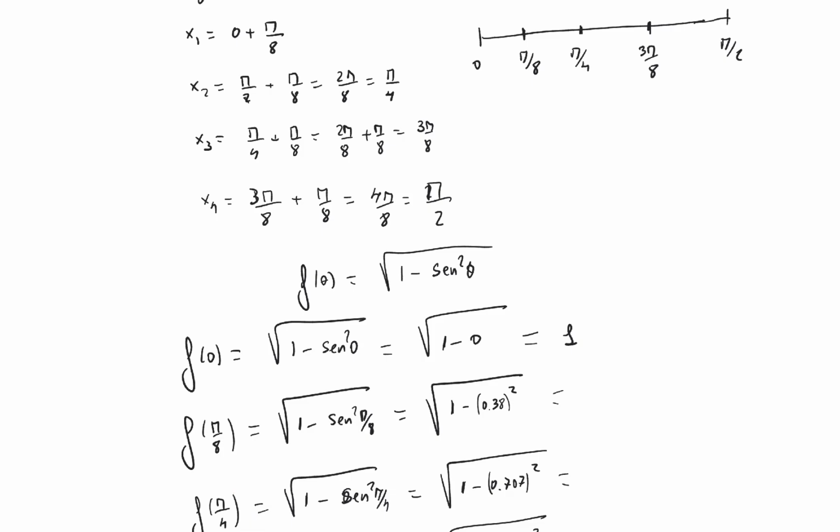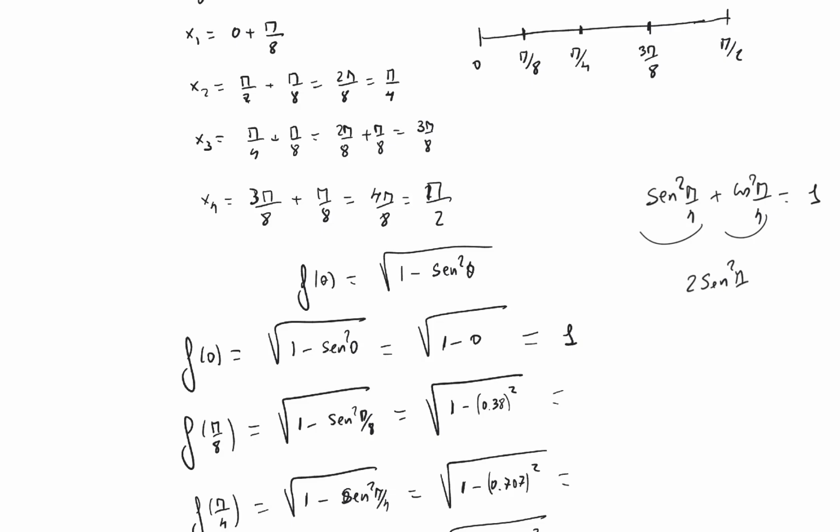Then sine square of pi divided by 4, and sine of pi divided by 4 is 0.7, so square. The square root of sine square of pi divided by 4 plus cosine square of pi divided by 4 is 1. But when it's pi divided by 4, the sine and the cosine are equal.